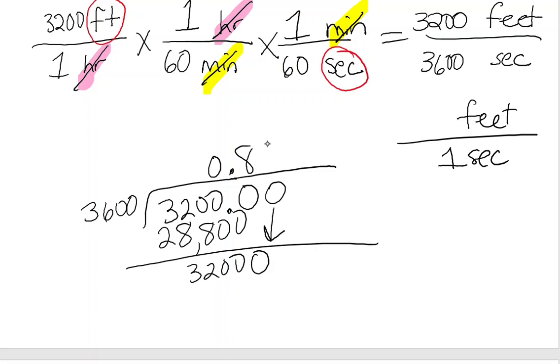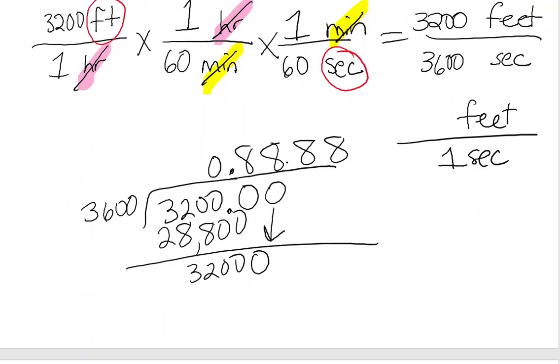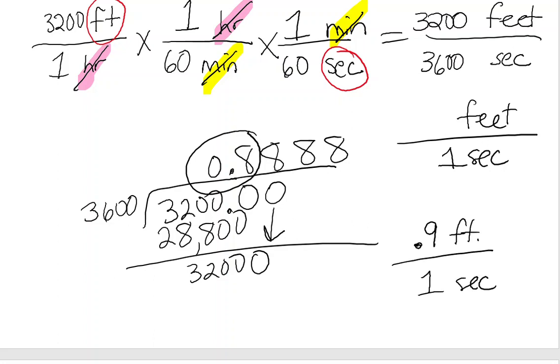So I'm going to get this repeating decimal, 0.8 repeating. So if I go back up and I look, it says, what is the speed in feet per second? If we rounded to the nearest tenths place, that would be 0.9 feet per 1 second. If we round it to the nearest whole, that would be about a foot per second.